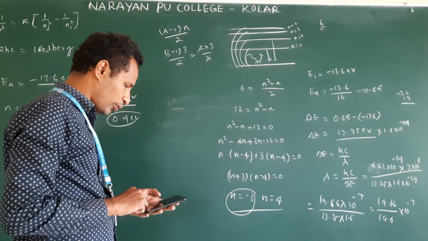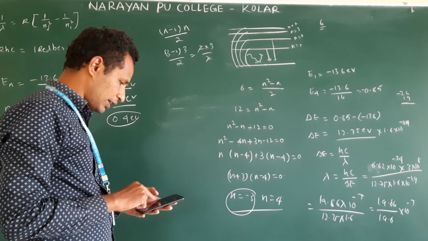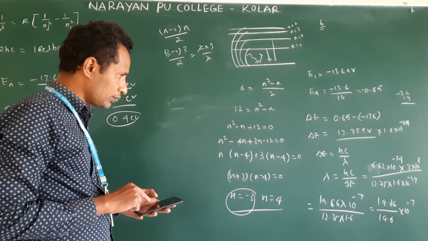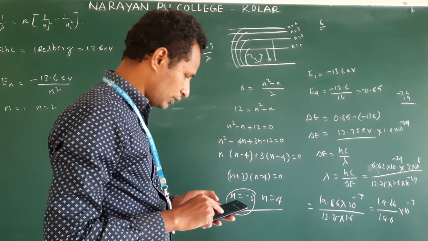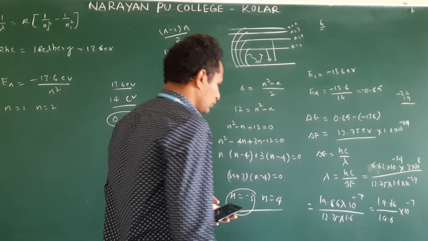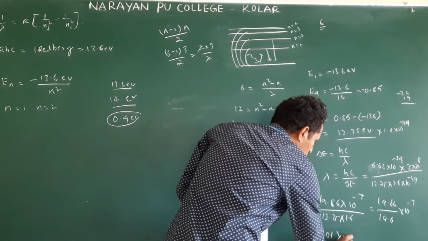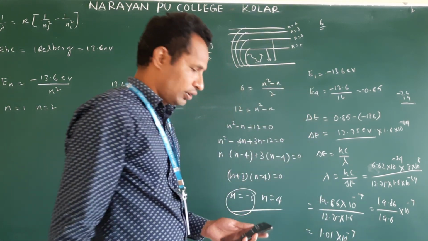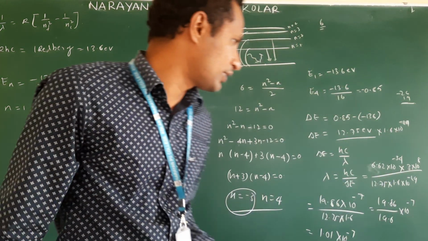Now 19.86 divided by the denominator, it is 0.97, so 0.97 into 10 power minus 7. Okay, so they have written the answer in nanometers.